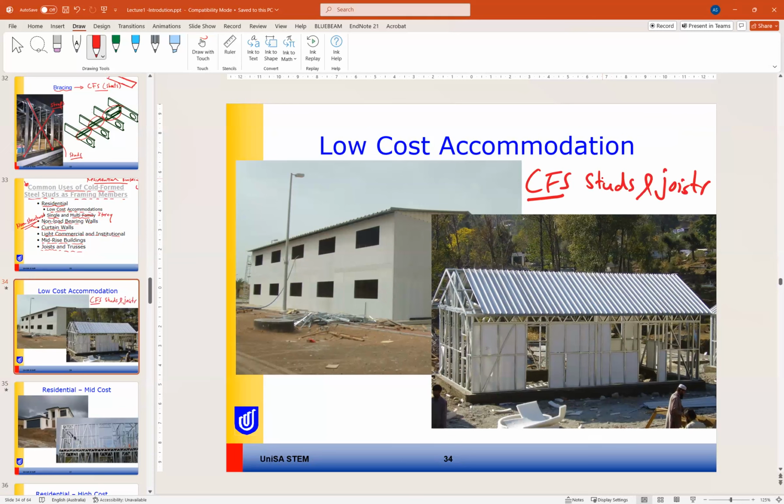As you can see here, we have the bracing, we have studs, and we have truss, we have the roof sheeting, and we have the trusses in the other direction as well. So all these are cold formed steel members that will provide low cost accommodation for single story or two stories like this one. So these two are two examples of low cost accommodation.